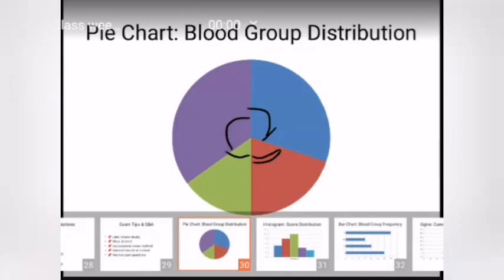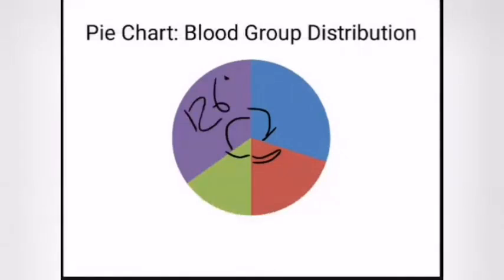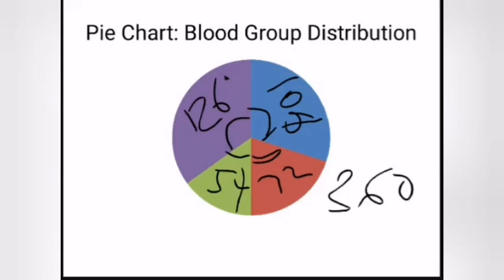So looking at this angle, we know that this biggest one is going to be 126. Don't make assumptions, try to measure your angles. And here is going to be 108, then here is 72, then here is 54. So when you sum up everything here, you should have 360, because 360 is angle at a point.